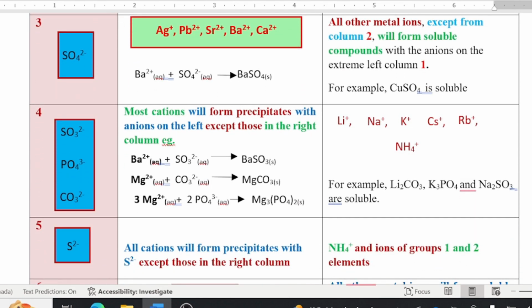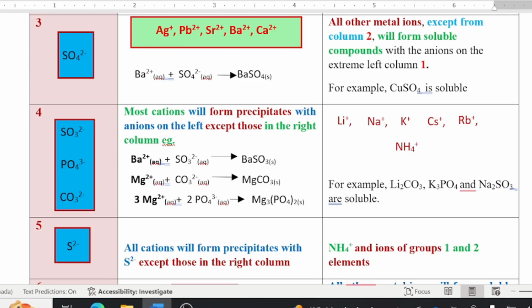Same thing here, you have all of these anions. So most cations will form precipitates with these anions, except those on the right. These will not form precipitates when they encounter these ions. So if I wanted to know if barium will form one, yes, barium is not here. So barium forms barium sulfate. Magnesium is not here. Magnesium forms magnesium carbonate.